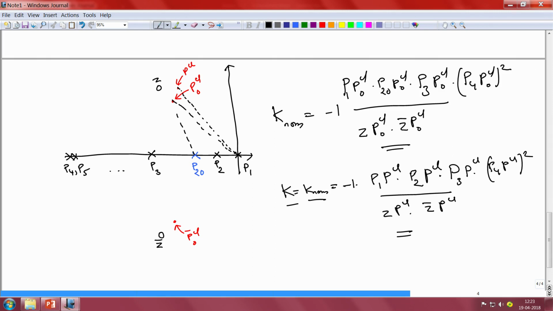because the point P1 is at S is equal to 0, P2 is at S is equal to minus 1 nominally, P3 is at S is equal to minus 2, and Z will be located close to the dominant closed loop pole location, which is at minus 1.5 plus 2j. So these are all distances whose magnitude is on the order of unity.